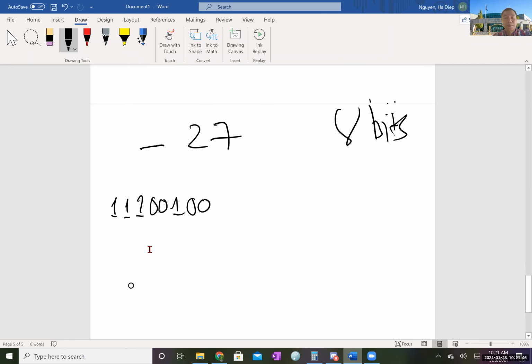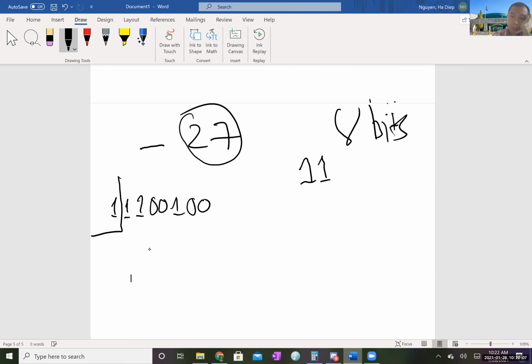For the negative, the first bit is the sign, right? The number 1 is correct. For the negative 27, you have the 27 here, right? So the next step, you have to convert the 27 to binary. For the 27, you have the 16, you have 8 here, that's 24 already, right? You have 0 here, you have 1 and 1 here, right?